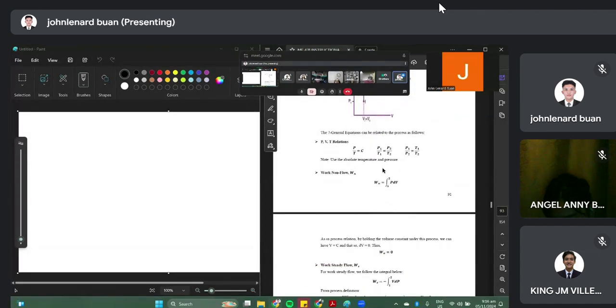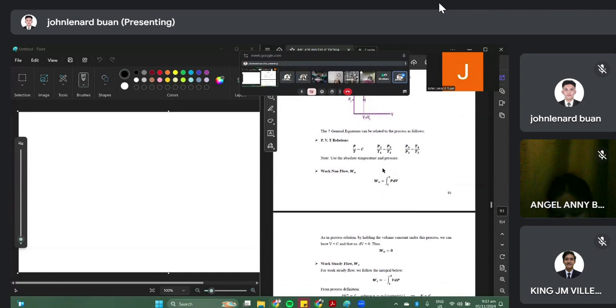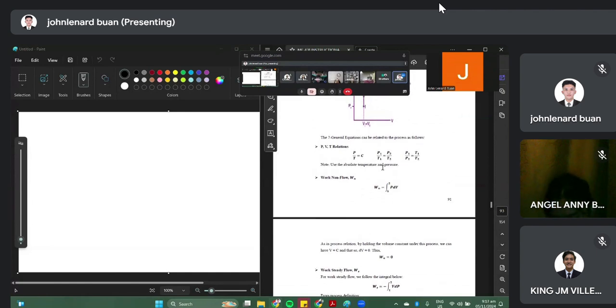Alright? So here are the 7 general equations that can be related to the process as follows. So again, let's always start with the PVT relations.